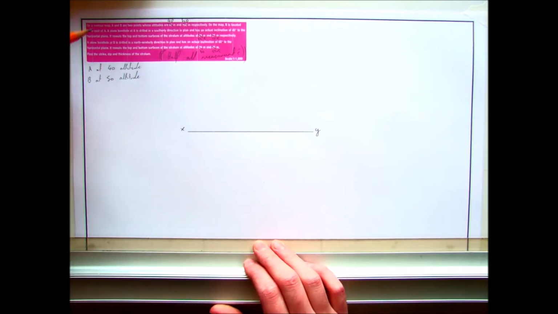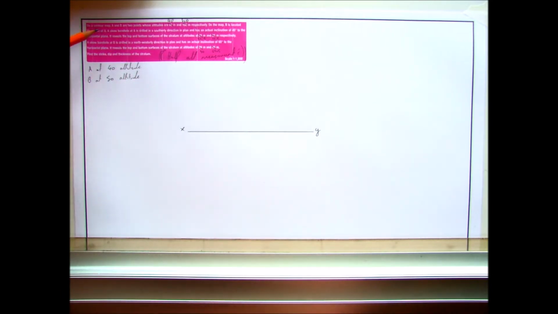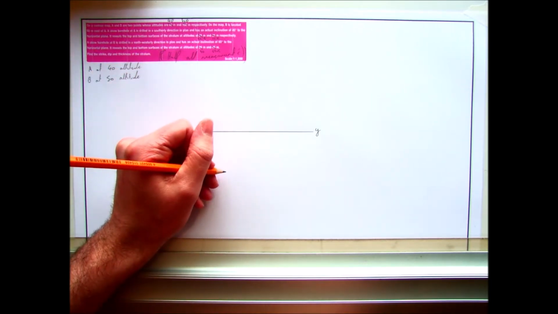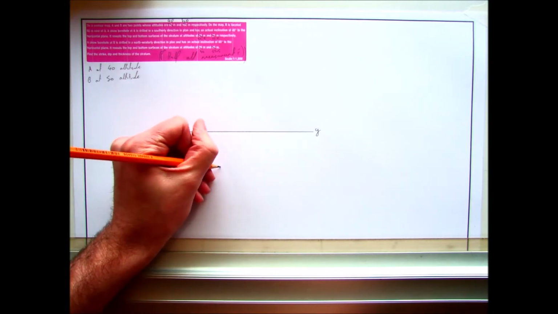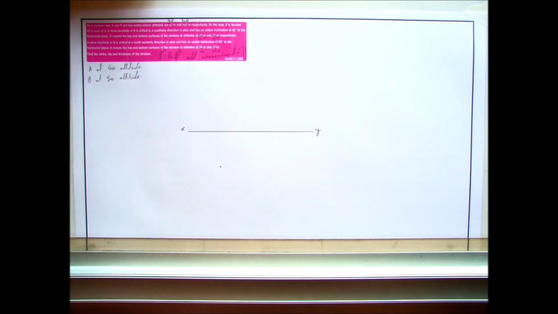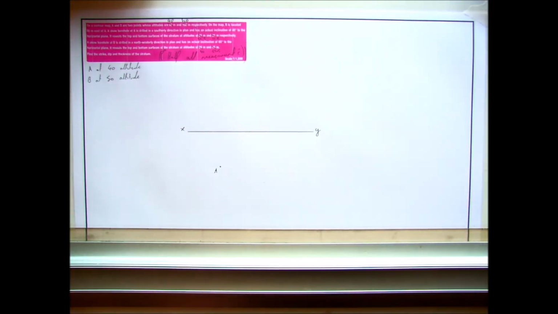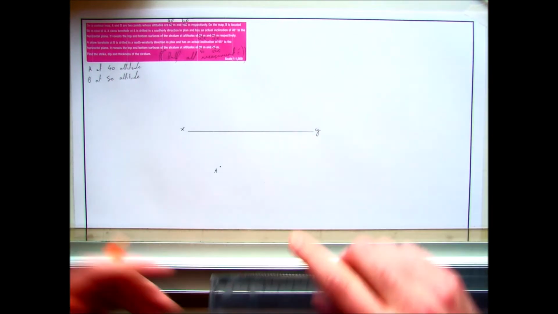Now I know that B, according to the question, is located 80 metres east of A. So if I just pick a random point, let's say here, I know that I travel over from A 40, because I have to half all these measurements.